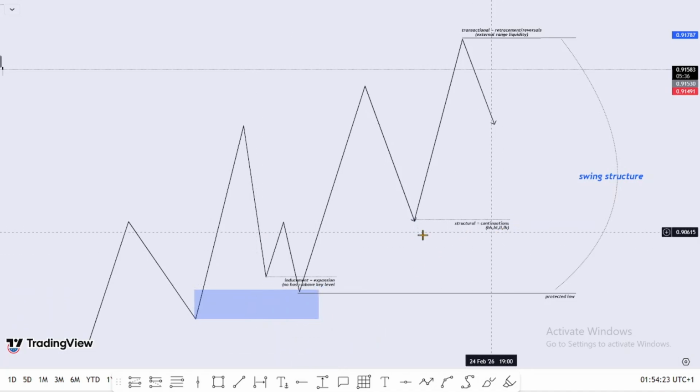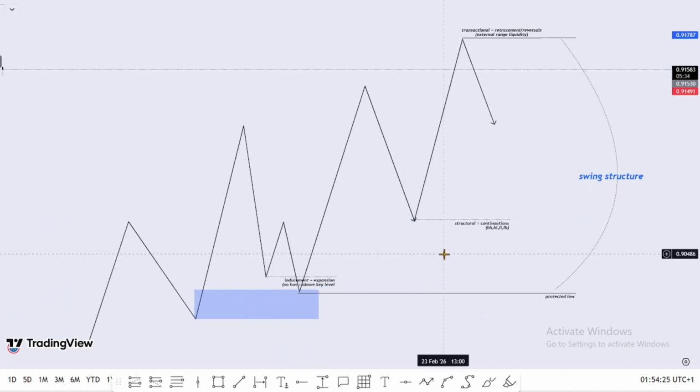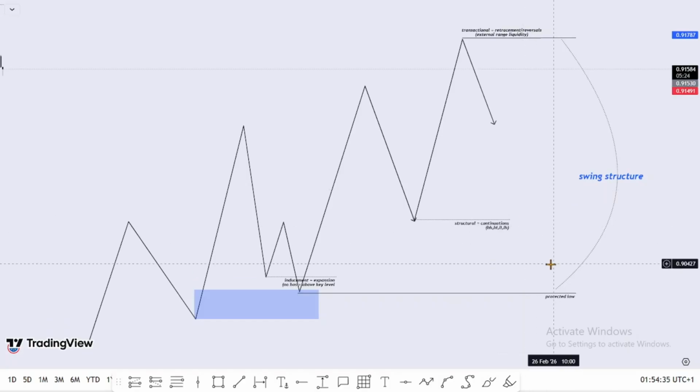A structural liquidity, in an uptrend, is your higher low, but in a downtrend, it is your lower low. So that's how to know it. And your transactional liquidity is the other part, which is your higher high and your lower high. So this is basically your external range liquidity.